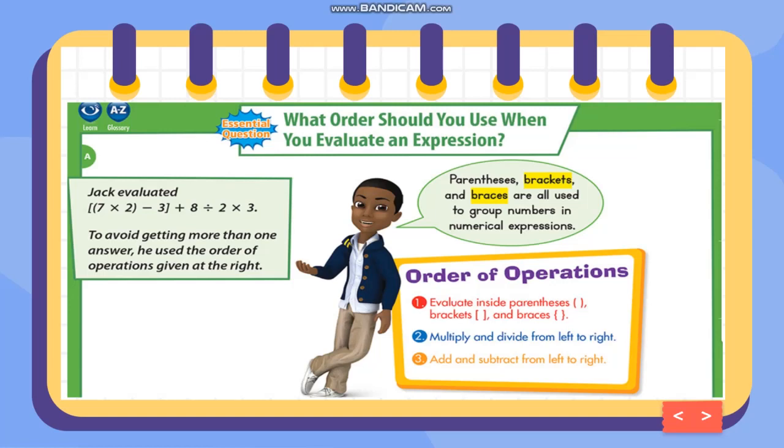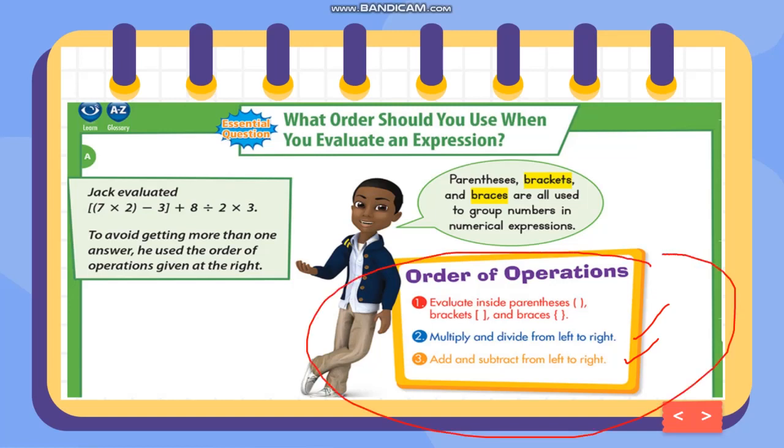Then multiplication and division from left to right, and addition and subtraction from left to right, or what we call the PEMDAS rule. Here, Jack evaluated 7 multiplied by 2 minus 3 plus 8 divided by 2 multiplied by 3. To avoid getting more than one answer, he used the order of operations.